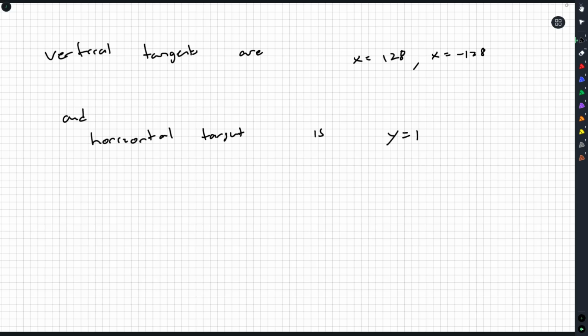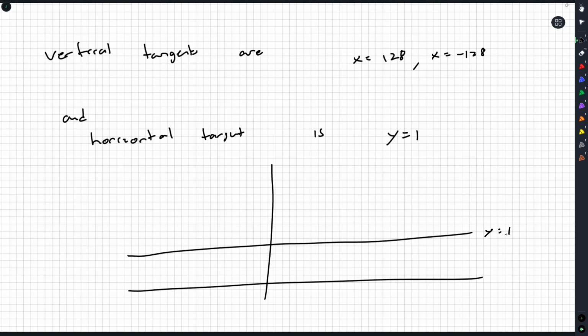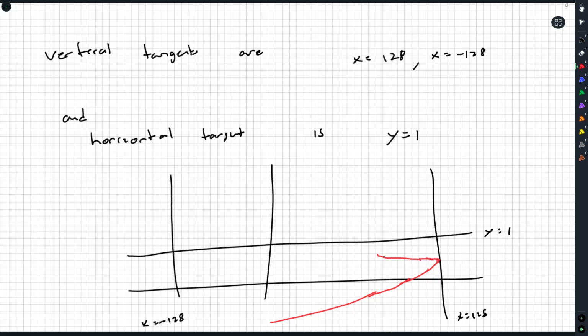Y equals 1. Okay, so if we were to imagine the graph, y equals 1 is like here, and we're really far zoomed out. X equals 128 is here, and x equals minus 128 is here. So I don't know exactly how this curve goes, maybe it goes something like this, and then it just touches here, and then maybe it sort of bounces up here and just touches at some point here.